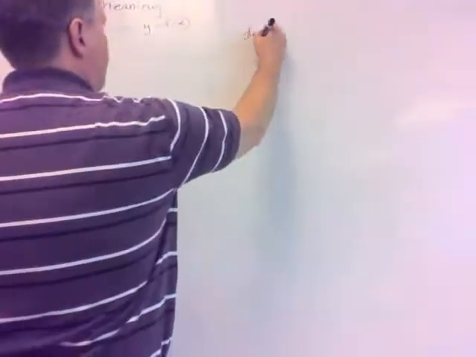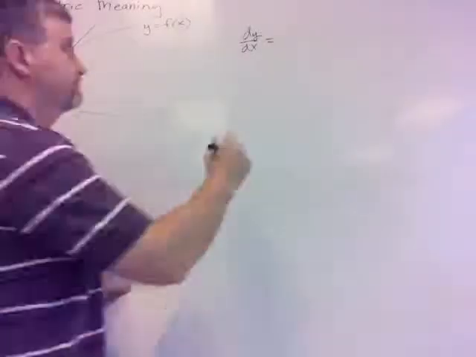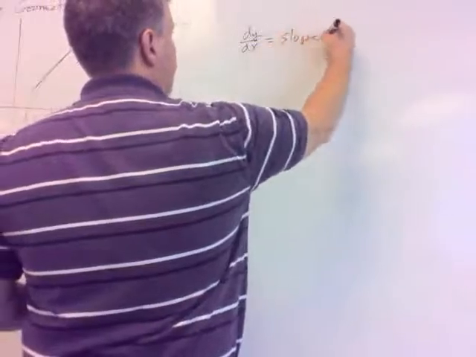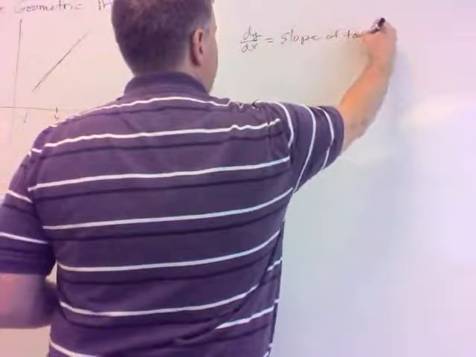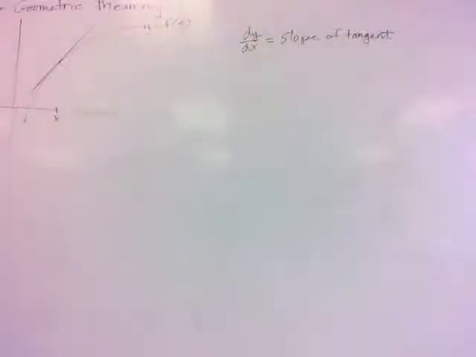Somebody tell me what dy dx is to that. What does dy dx mean there? What's the geometric meaning of dy dx? Isn't it the slope of the tangent? It's the slope of the tangent.